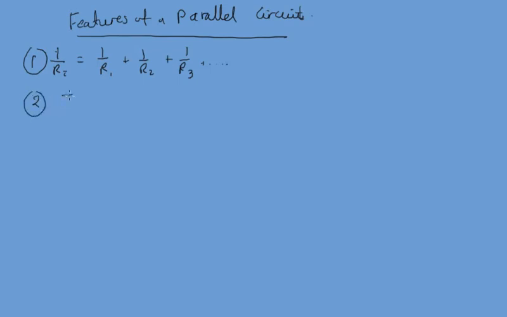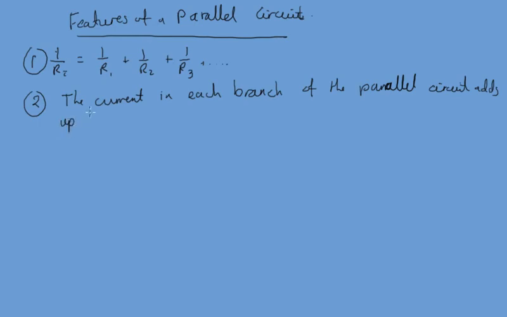Secondly, the current in each branch of the parallel circuit adds up to the total current in the circuit.